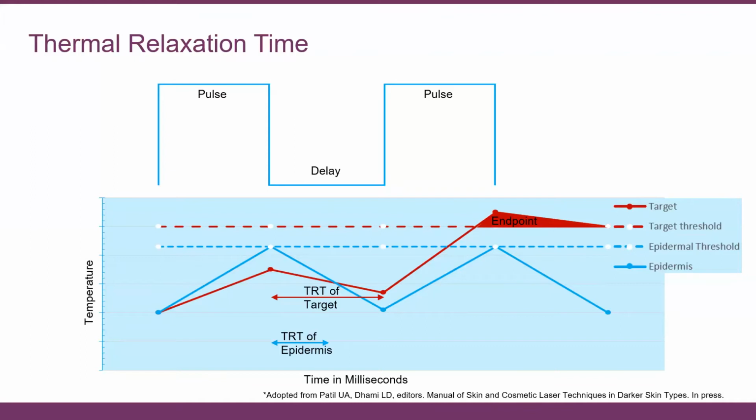a blood vessel. And when we fire the second pulse, we get an increase in the temperature of the epidermis back up to that threshold again. However, we still increase the temperature within our target, so our vessel, so we reach that threshold where we actually get destruction or coagulation of that vessel.